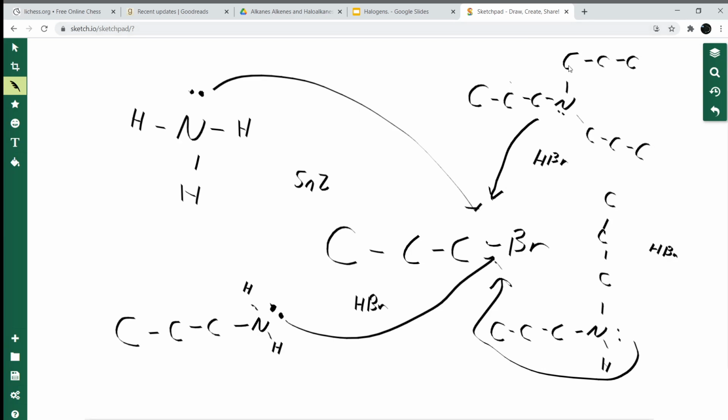Alright, so this one right here would end up being one of our end products. Okay? Now, for all of these, we're going to end up having some combination of all of these in our end products. So all of these are possible products that we could end up having.